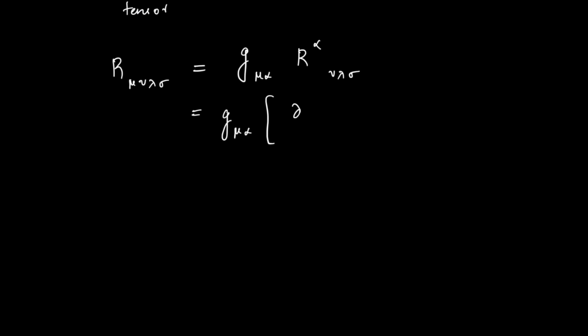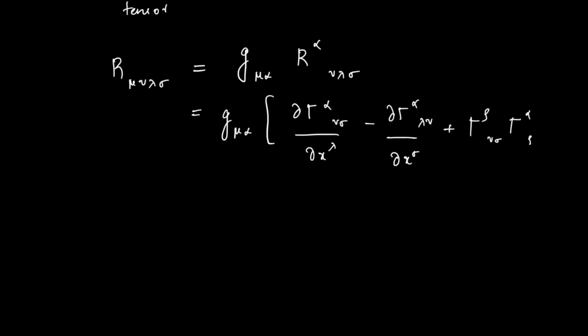So by definition, the Riemann tensor is the partial derivative of the Christoffel symbol minus the partial derivative of the Christoffel symbol alpha lambda nu, plus Christoffel symbol rho nu sigma times Christoffel symbol alpha rho lambda, minus Christoffel symbol rho lambda nu multiplied by Christoffel symbol alpha rho sigma.